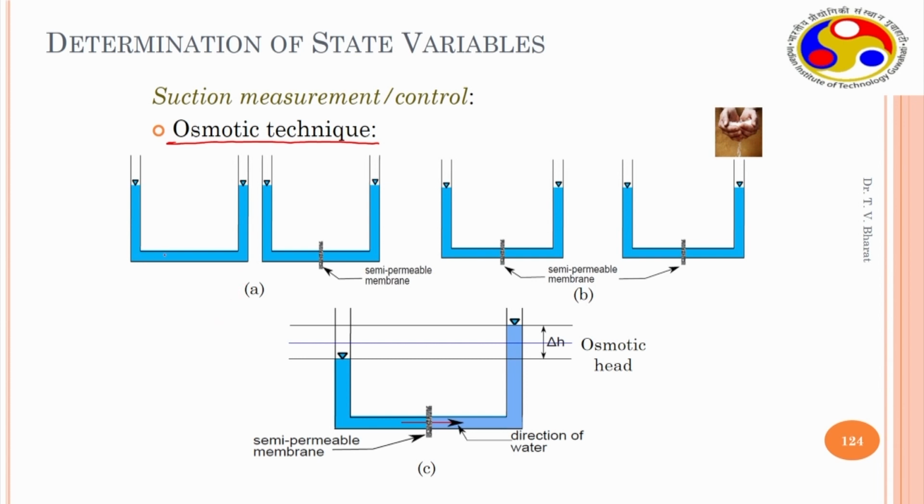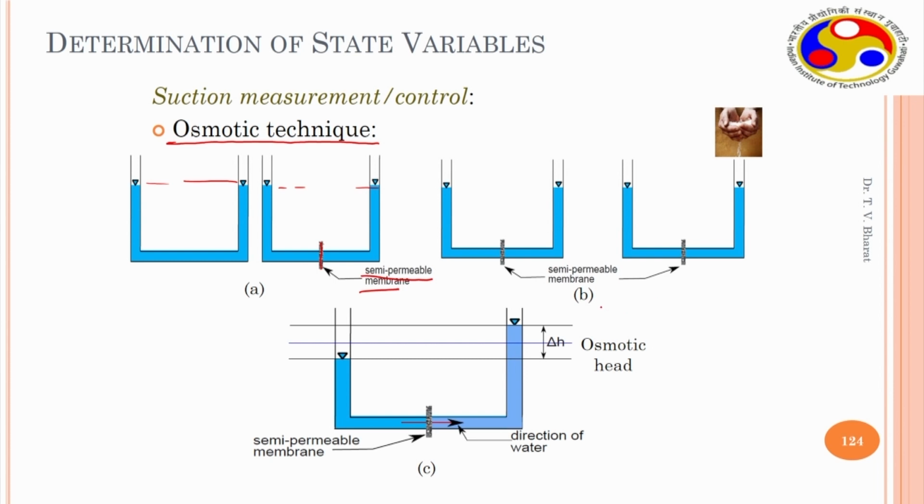When you take a U-shaped tube and pour water, both sides are at the same level, and also when you place a semi-permeable membrane, both will still be at the same level. Remember that the semi-permeable membrane does not allow the solute to pass through. Here water is the solvent and we haven't added any solute, so water simply passes through from one side to the other and maintains the same level as earlier.